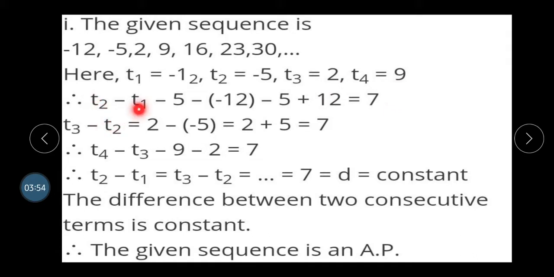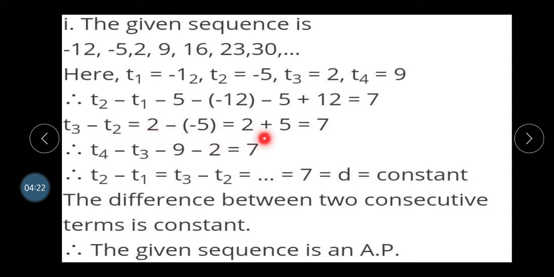Therefore, T2 minus T1, that is second term minus first term, equal to minus 5 minus minus 12. Minus minus will become plus. So minus 5 plus 12 equal to 7. Here students, you need to put an equal to sign, and here also. It is missing over here. T3 minus T2 equal to 2 minus minus 5.